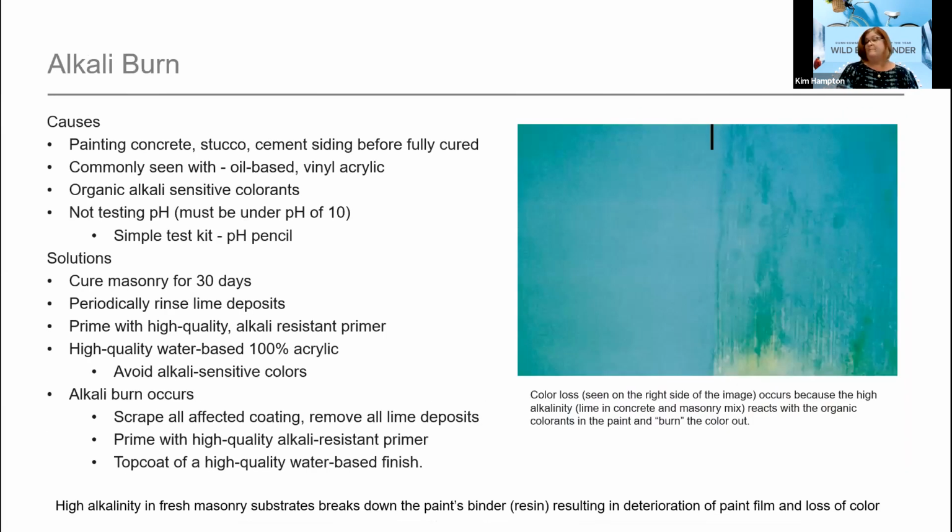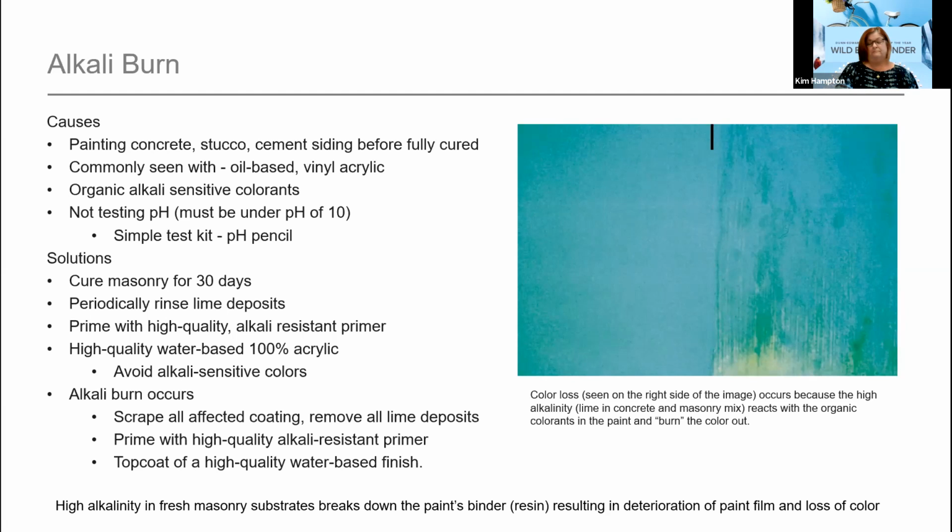Alkali burn. Alkali burn is typically caused by painting concrete, stucco, or cement siding before they're fully cured. It is commonly seen from oil-based and vinyl acrylic paint, organic alkali-sensitive colorants, and not testing the pH of the surface before painting. The easiest solution to avoid alkali burn is to let the surface properly cure for 30 days before applying a coating.